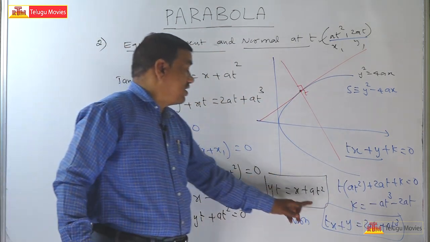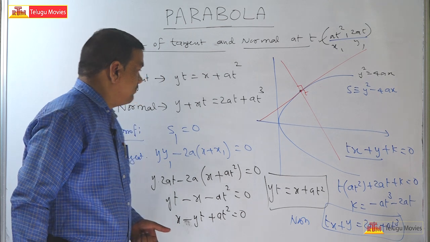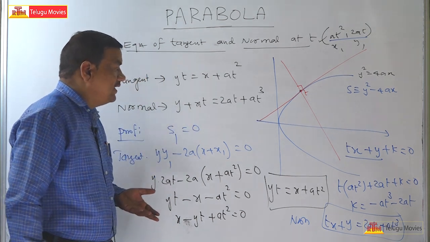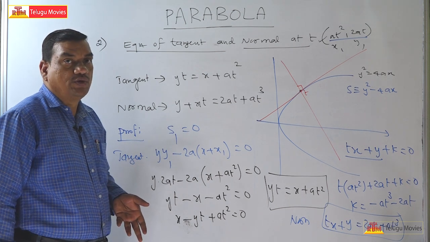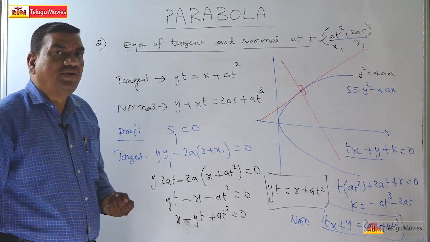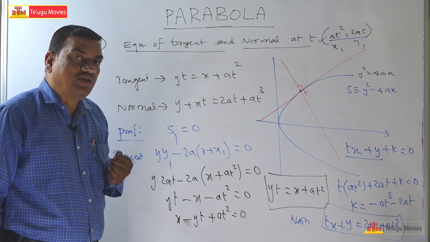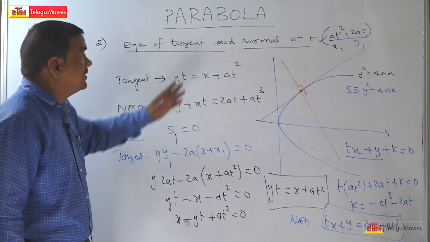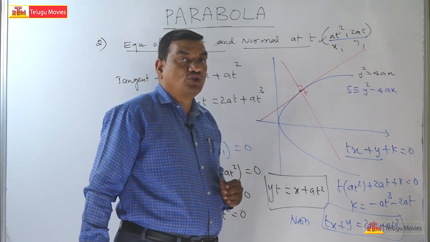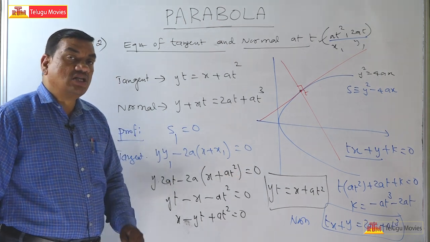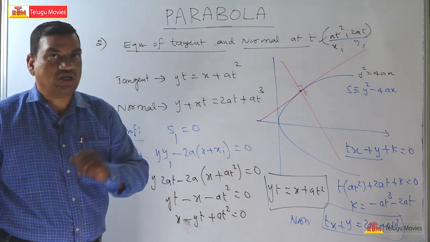If you take k to the right hand side, it is equal to 2at plus at cube. So the equation of the normal is tx plus y, that is y plus xt, is equal to 2at plus at cube. Okay? So this is a brief proof of the equation of the tangent and the equation of the normal at the point t, that is at square comma 2at. I hope you understand this concept. So let us go for the next concept.